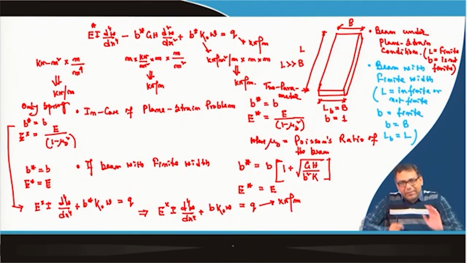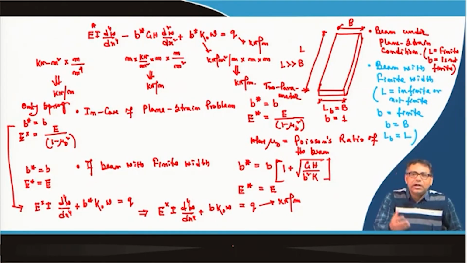But I have discussed how you can solve when the beam is resting on spring for the infinite case as well as the semi infinite case, and in a similar way you can do it for the beam with finite length also.